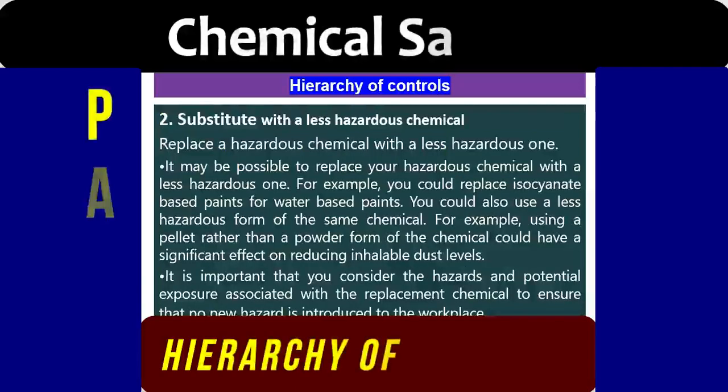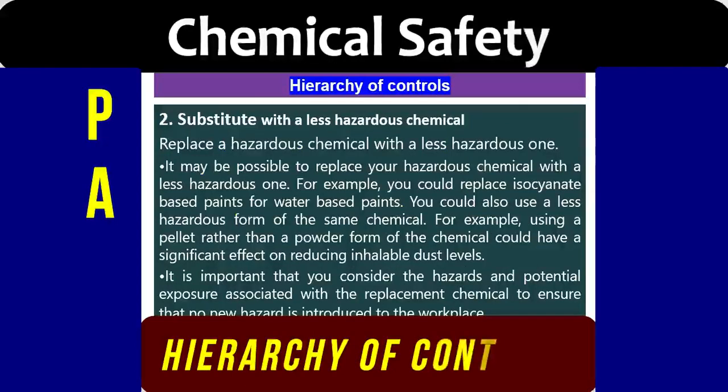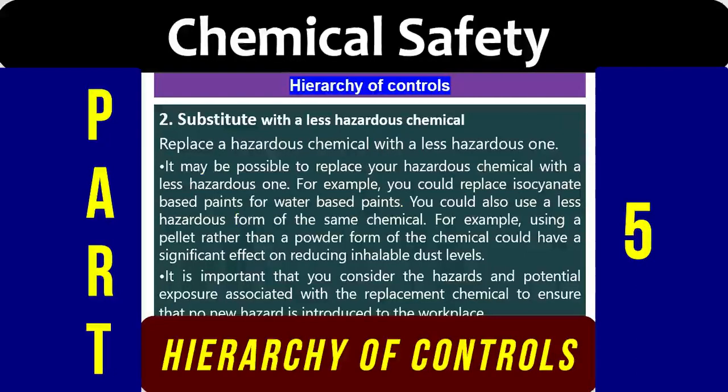Step number two in the hierarchy of control with respect to chemical safety: substitute the chemical with a less hazardous chemical. It may be possible to replace your hazardous chemical with a less hazardous one. For example, you could replace isocyanate based paints with water based paints. You could also use a less hazardous form of the same chemical.